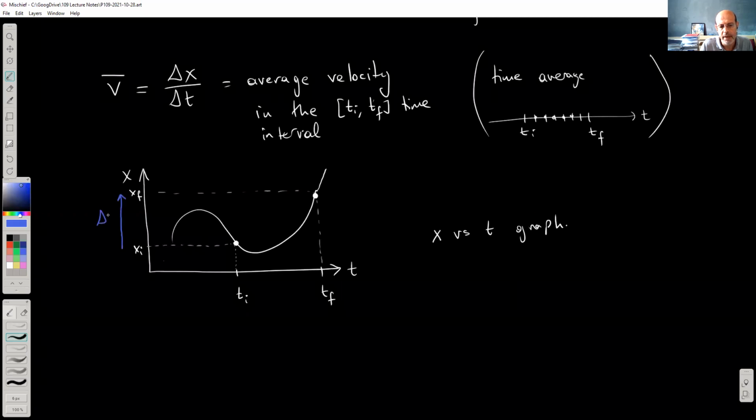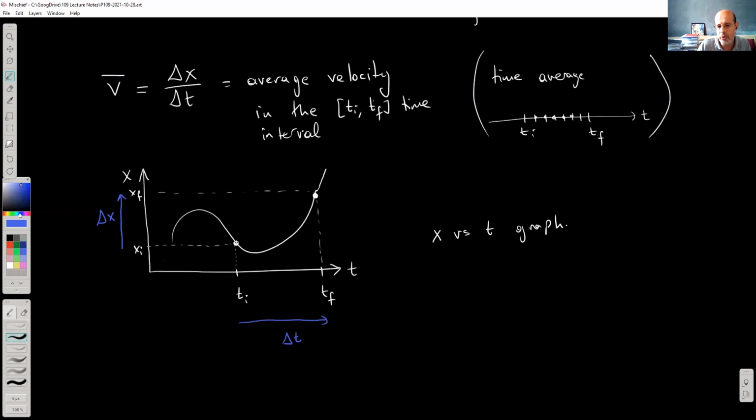Because this is a number that can be positive or negative, I don't want you to get confused. So that difference is delta T, okay?